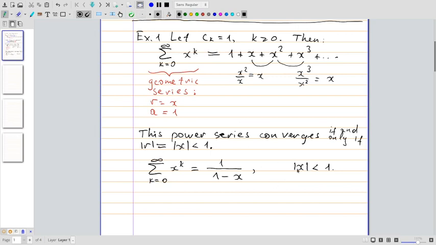So this means that the actual meaning of this expression is slightly different from this function. This power series sums up to this function, but only for x's with absolute value of x less than 1. So that is the important distinction.